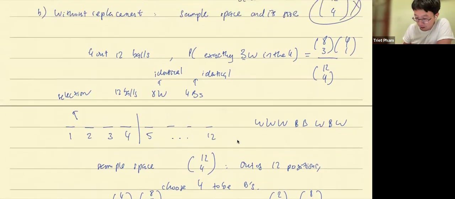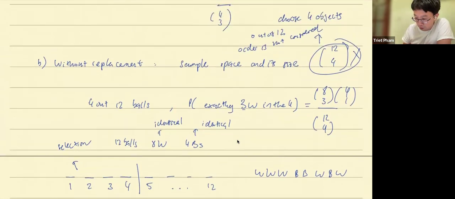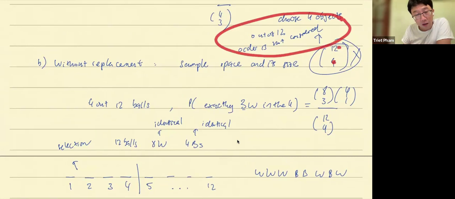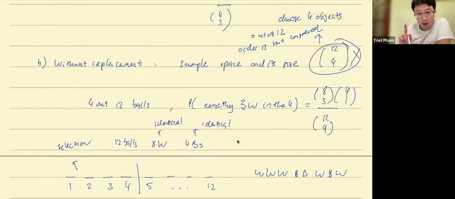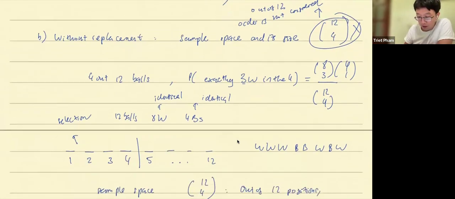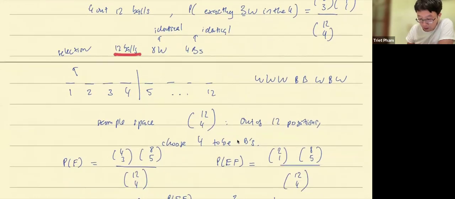For example, if you choose 12 choose 4, in the sense of choosing 4 objects out of 12 objects, then I don't see how you can say this is a first ball and this is a third ball. That's why I got confused last time. But when I arrange 12 objects into 12 positions, then I can exactly see where my first and third are. But if I do that, I need to take care of all positions, from 1 to 12.